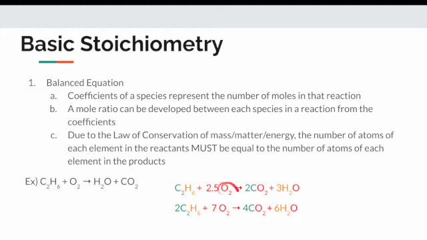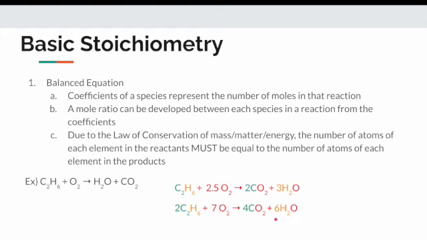Since we know that this oxygen molecule has 2 oxygen atoms, we're going to want an even number of oxygen atoms in the product. How can we do that exactly? Well, if there's 5 oxygen atoms on the product side, then if we multiply that by 2, an odd number multiplied by 2 will always become an even number, 10. So now we change the coefficients, we double it, so 2 becomes 4, 3 becomes 6.